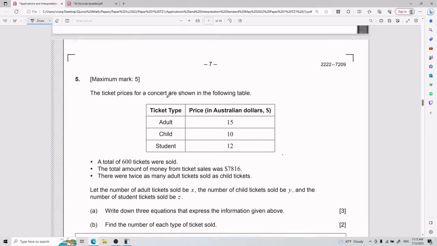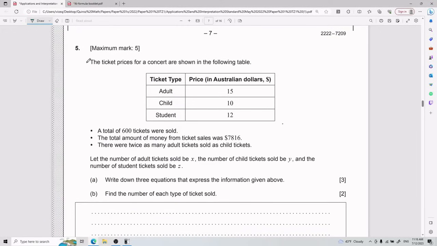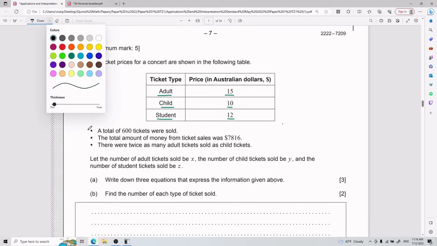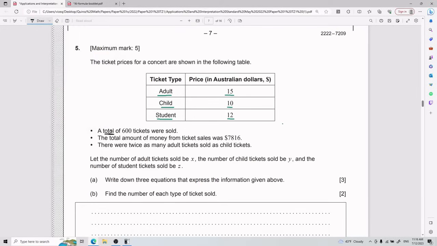Alright, now for number 5, we have that the ticket prices for a concert are showing in the following table. Here is the table. So they tell us that the ticket type for adult has this price, for children has this price, for student has this price. Then they tell us three pieces of information: the total amount of tickets, the total amount of money.